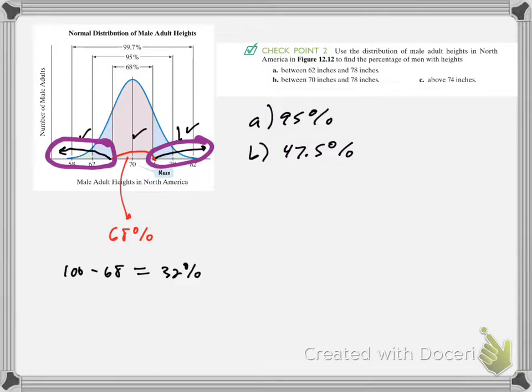They're both an equal part of the distribution because this distribution is symmetric on the right and left. So that means it's going to be half of 32, which is 16%. Okay, so you have to do a little bit of geometry here to figure out how these percentages add up. I basically took out the 68 right here, and then I divided the rest into 2.